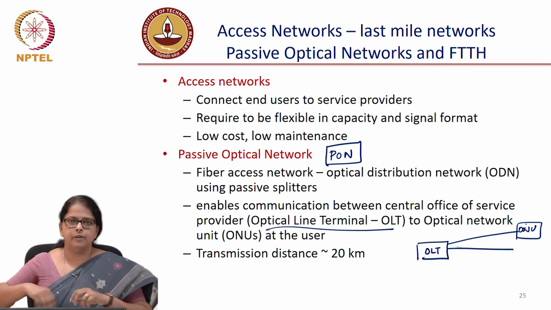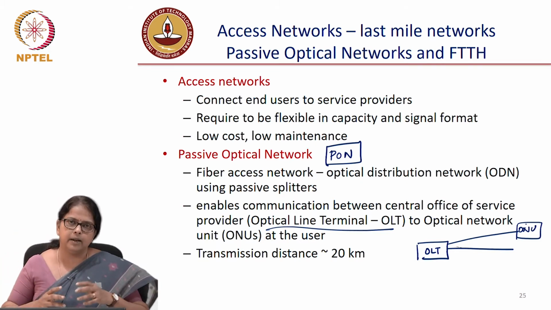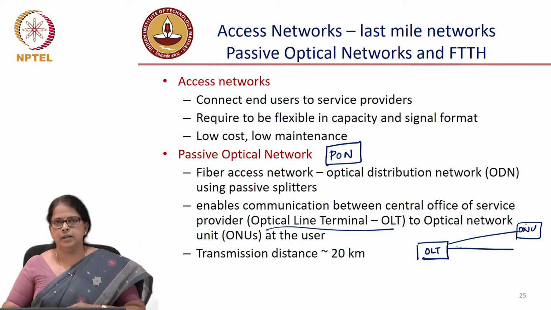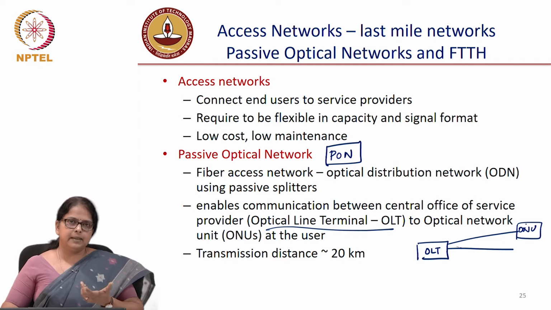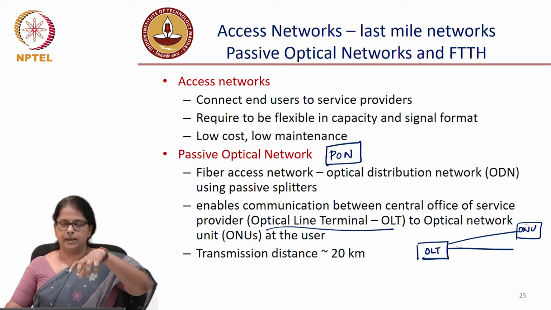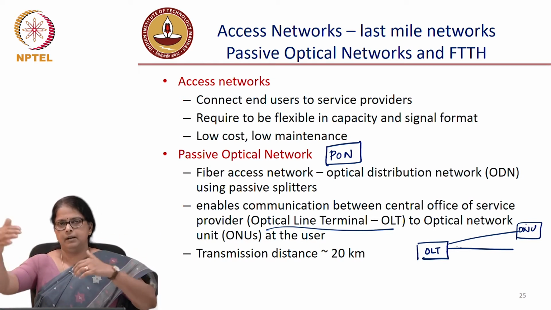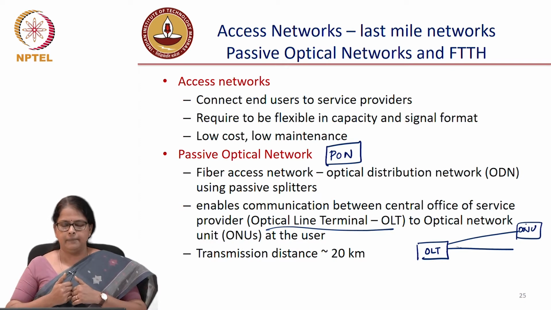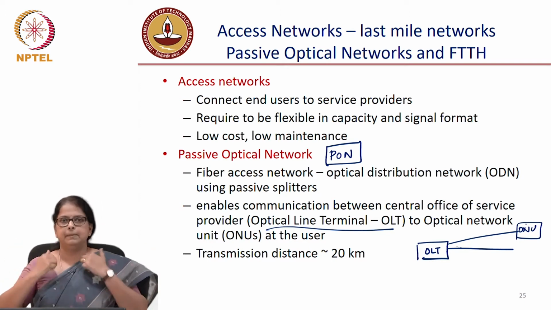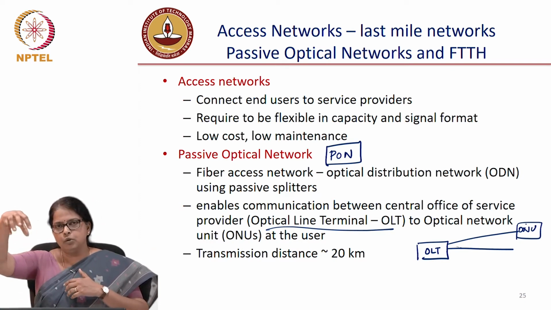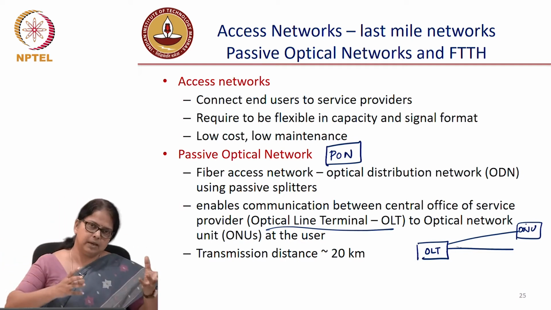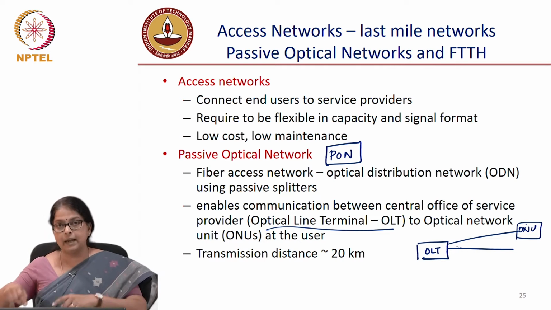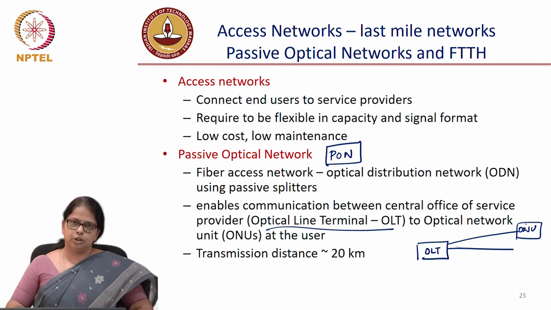Or if you're talking about a slightly rural environment, the OLT could be placed at the Gram Panchayat, the place where you can have multiple access. And the ONUs could be placed at different points in a village. For instance, it could be in a post office, it could be in a bank, and from there the distribution happens.